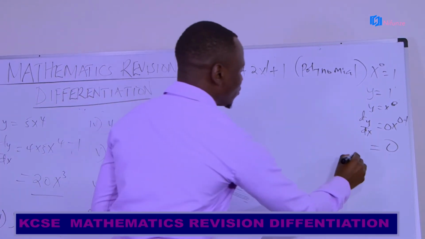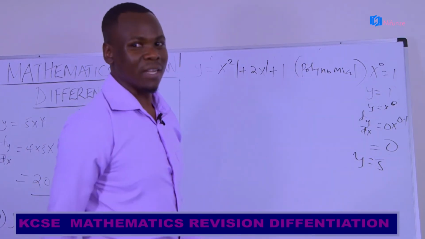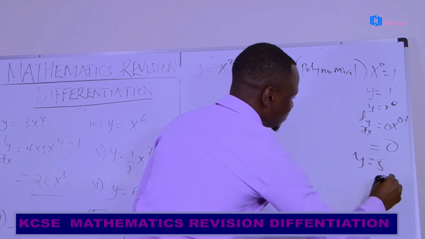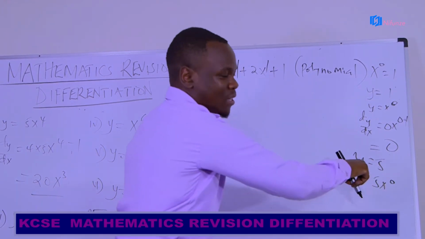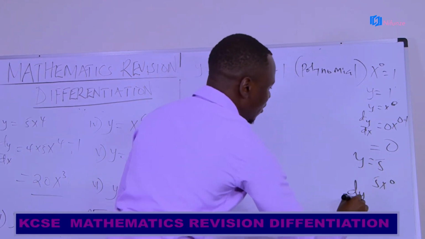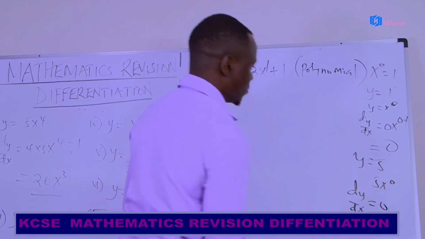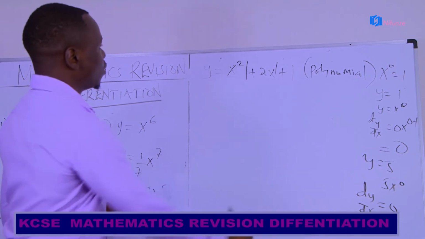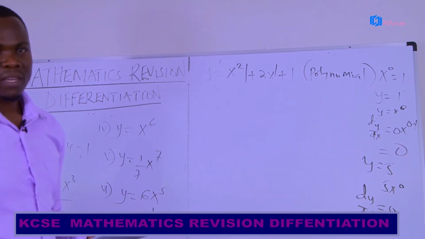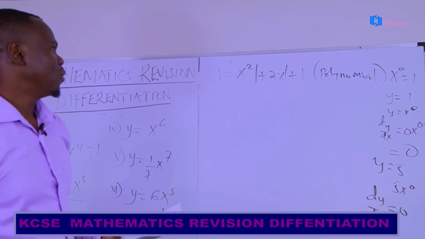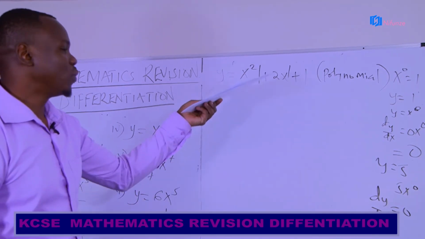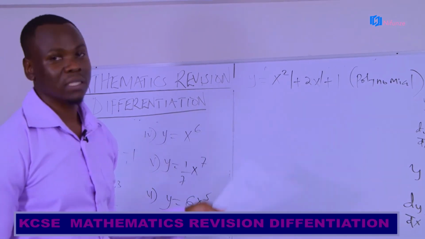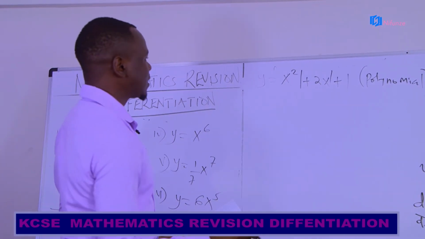If we get y is equal to 5, the derivative will be 0 because this is the same as 5x raised to power 0. When you multiply this 0 by 5, you'll get that dy over dx will be equal to 0. So make sure you understand that one even as we do this. So we were looking at finding the derivative of a polynomial. And as I told you, you find the derivative of each of the terms making up that particular polynomial. So we will start.